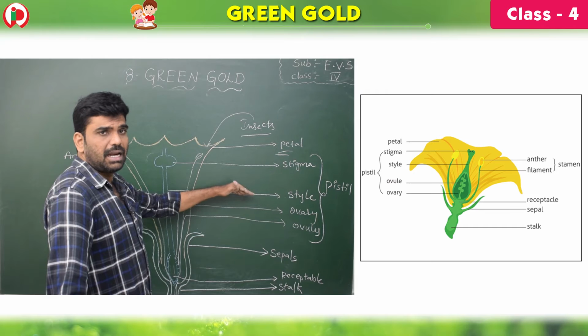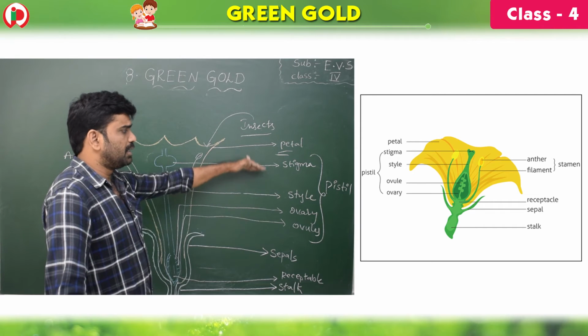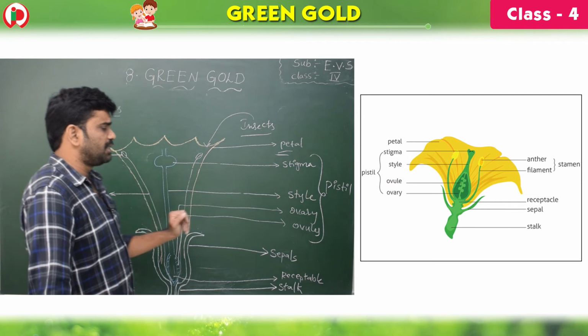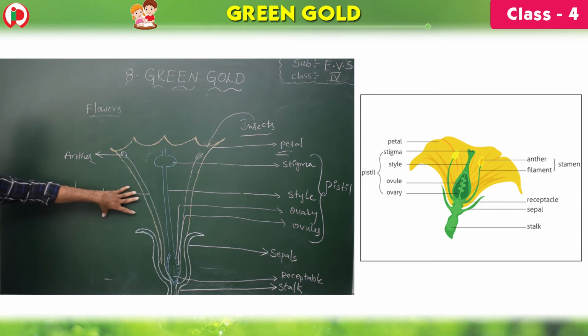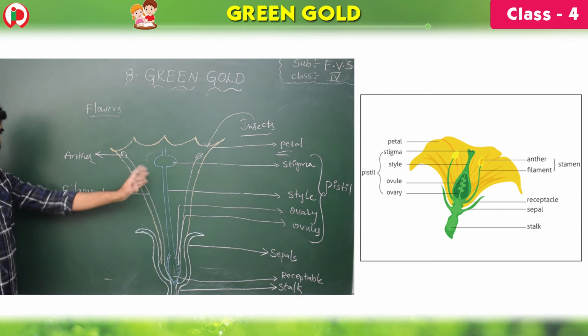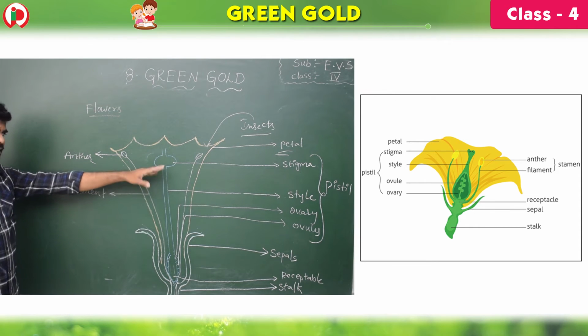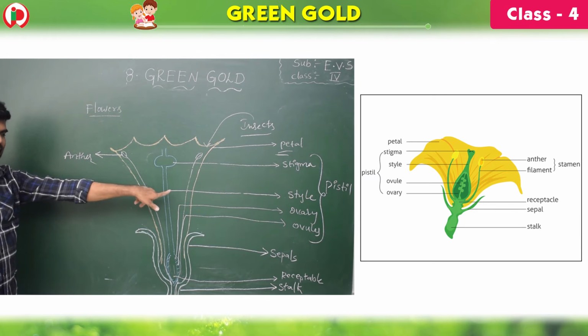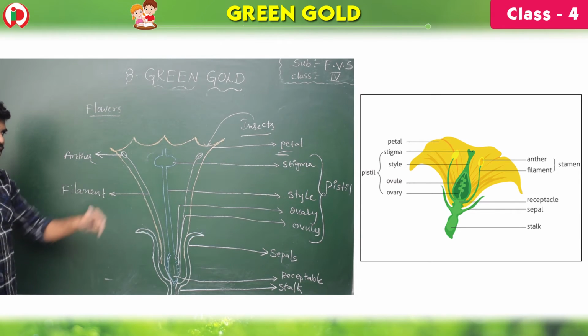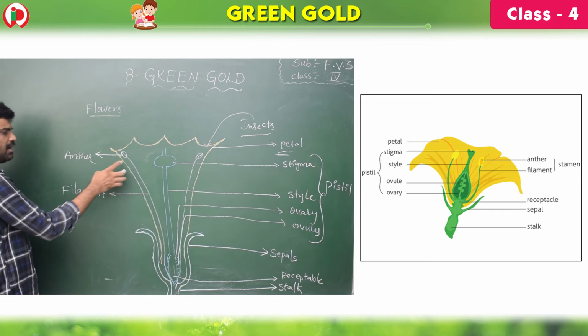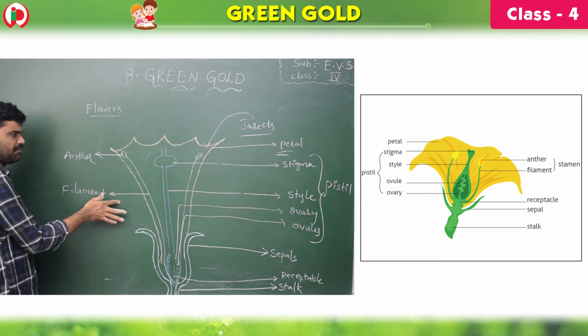These 4 together are called pistil, which is the female part that lies in the middle here. Actually, this is the bisexual flower. Bisexual means both the sex organs are present. You see, children, both female and male are there in one flower. This is the male one, which has 2 parts, anther and filament.